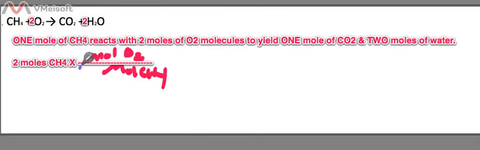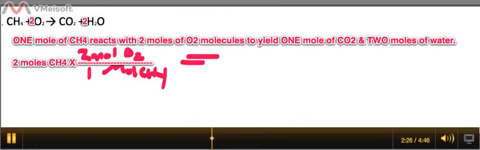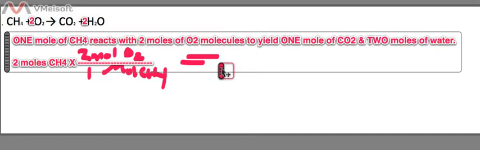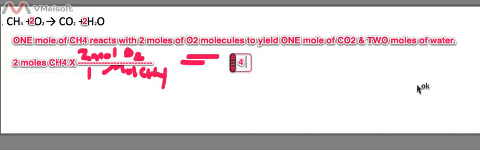Now, what's the relationship we know between those? We know for every 1 mole of this, it's 2 moles of oxygen that react. And so that ends up being, as you guys did in 4 seconds, 4 moles of oxygen reacted.